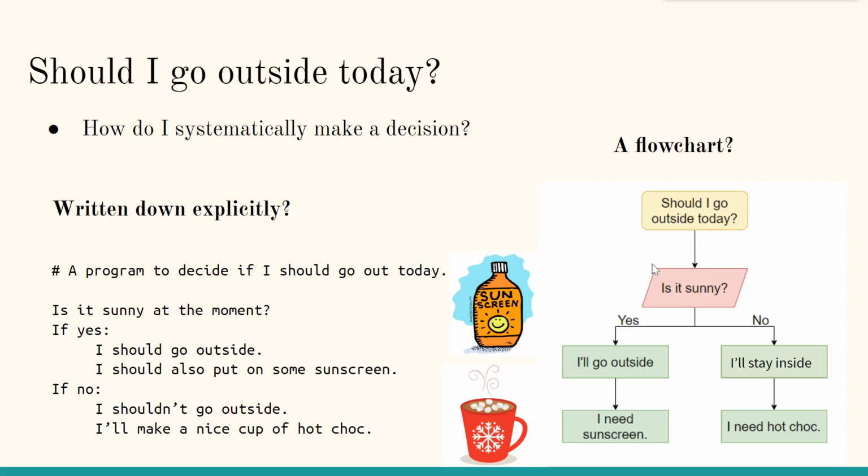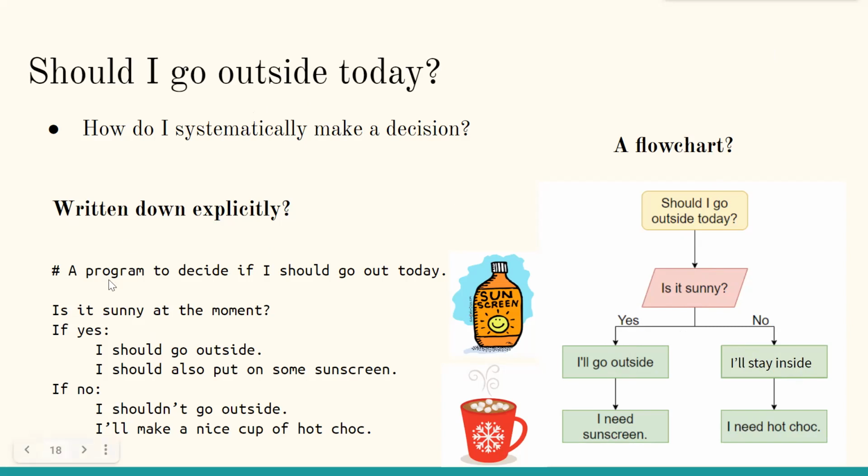By testing whether the input meets my condition or not, I can go either way of this path to get my output. If it is sunny, yes, I will go outside and I need the sunscreen as output. If it is not, I will stay inside. I need hot chocolate.